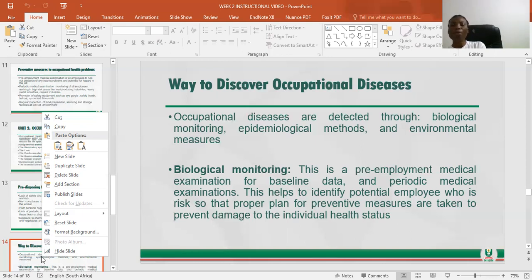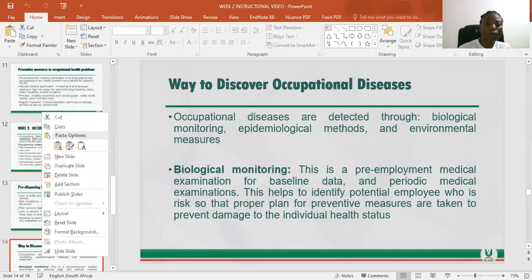Like we earlier mentioned, pre and periodic medical examination helps to identify potential health problems that the employee is being exposed to, and you want to take prompt action to prevent it.